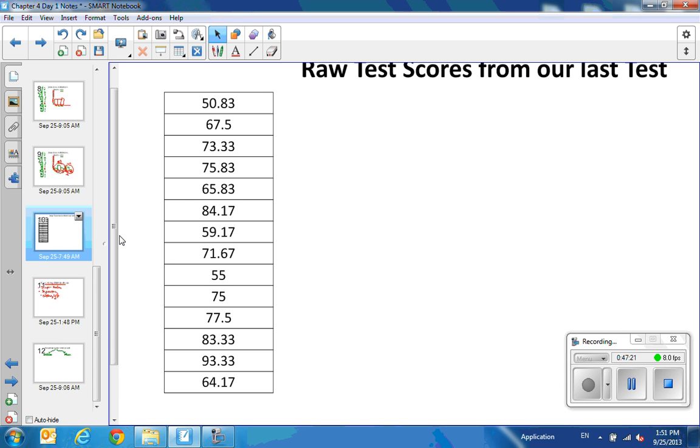Will you add these up and divide by 14 probably? 1, 2, 3, 4, 5, 6, 7, 8, 9, 10, 11, 12, 13, 14. Now just for the sake of speed, will you type in second stat, list ops?